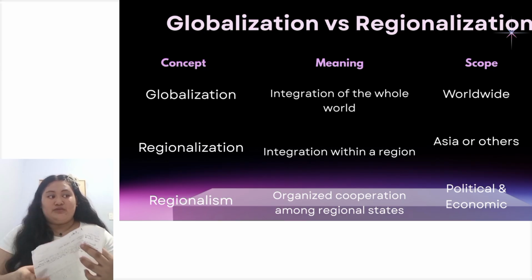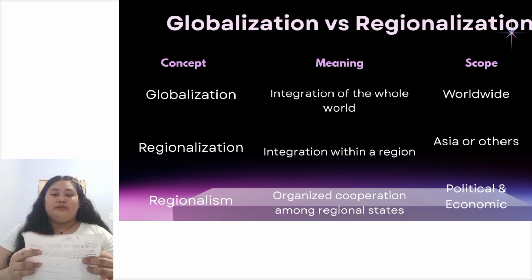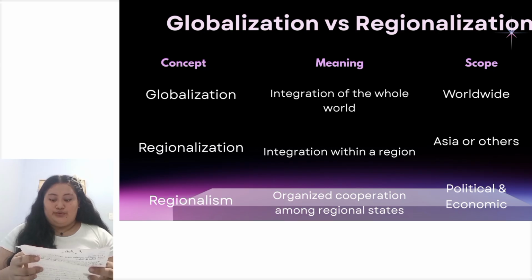So globalization is when we trade with faraway countries, where we are open to import. Then next is the regionalization, which means integration within a region, Asia or others.